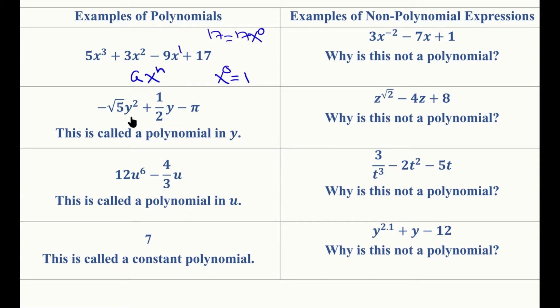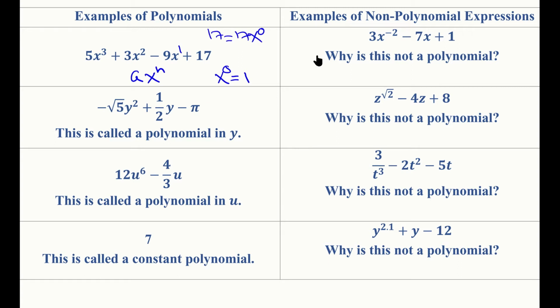And here we have another one. So notice the coefficients are a bit more complex, but nevertheless, they are just real numbers. And here, the last term, negative pi, remember pi is a constant. Its value is approximately 3.14, so negative pi is approximately negative 3.14.